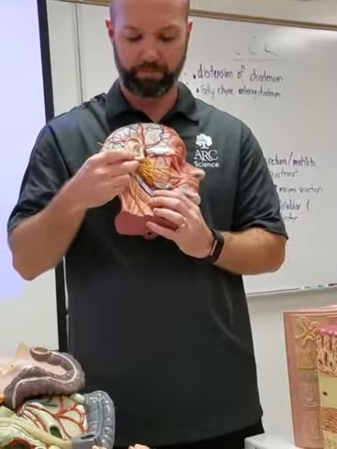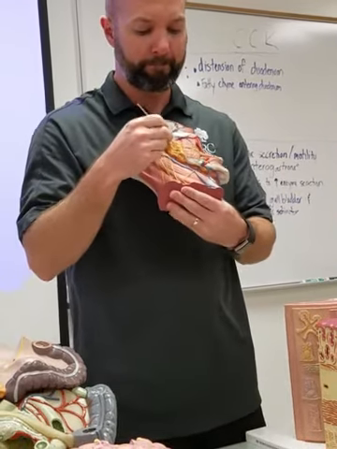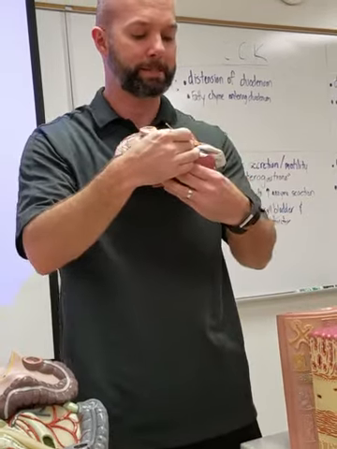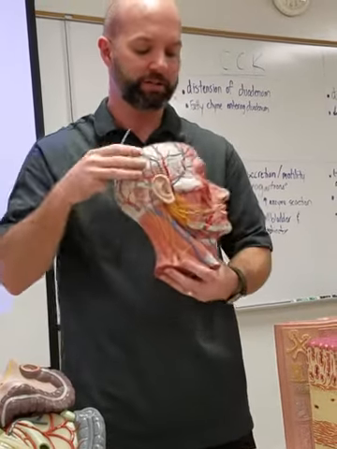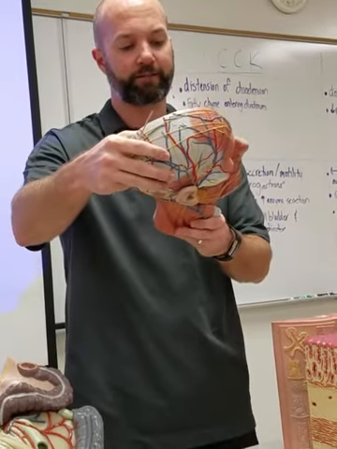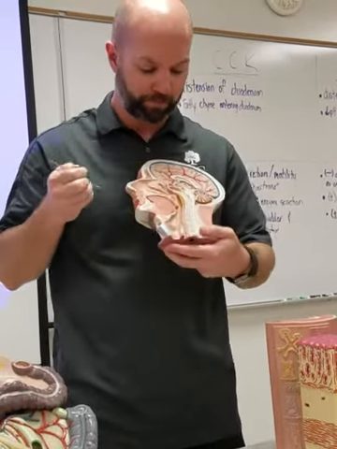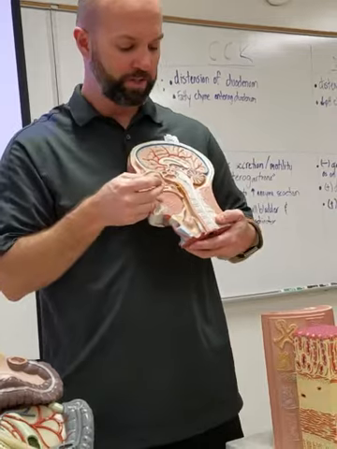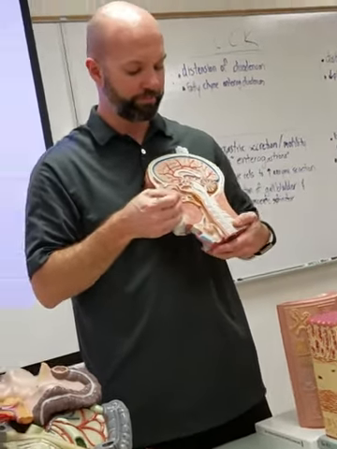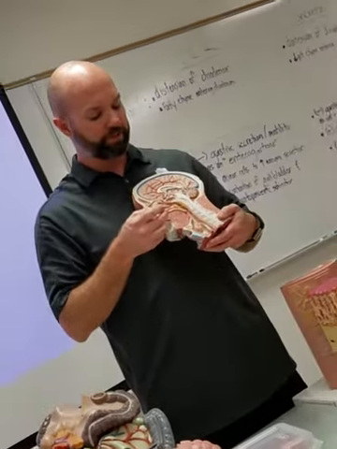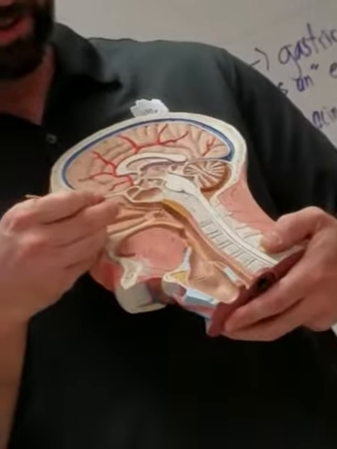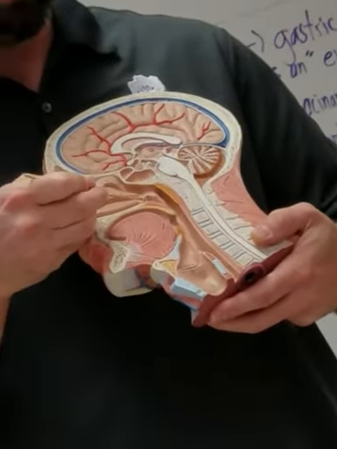This here, parotid salivary gland, submandibular salivary gland. Don't see a sublingual here. But what's this orange tissue here? Pharyngeal tonsil. And what tonsil's right here?